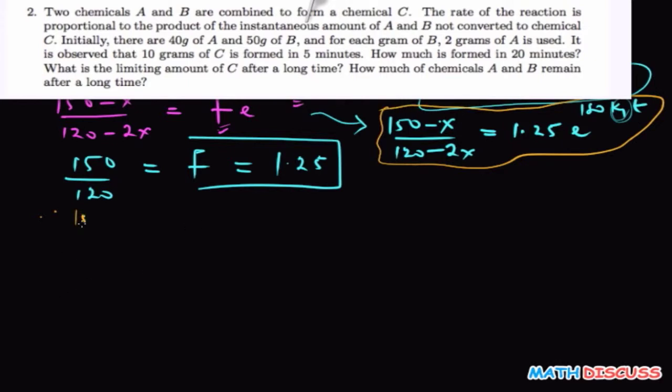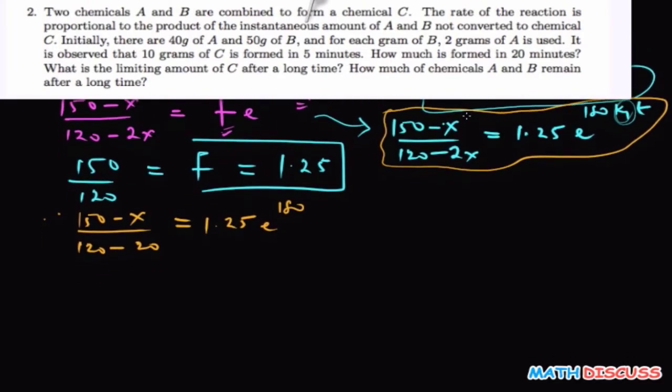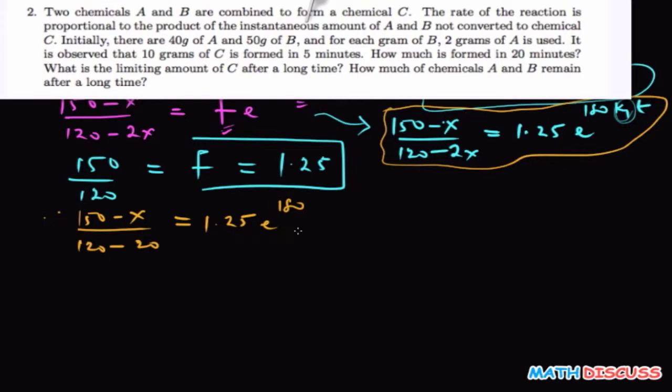We have 150 minus 10 divided by 120 minus 2 times 10, that's 20, equals 1.25 e to the power 180 times 5k1, when t is 5 and x is 10.